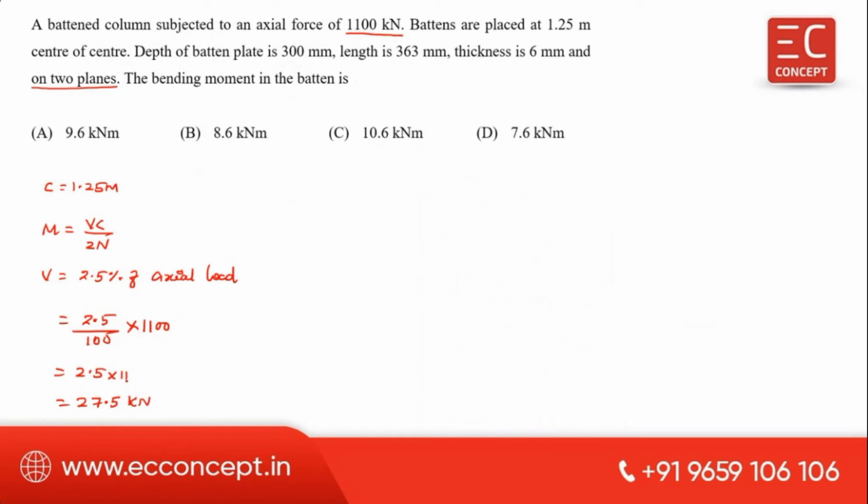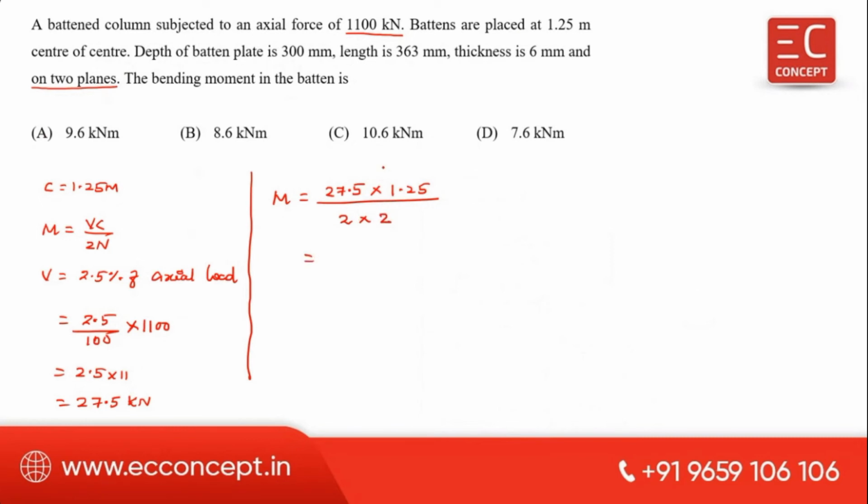You got it. Now you have to substitute everything. Moment is equal to 27.5 into 1.25 divided by 2 into the number of planes, 2 planes.